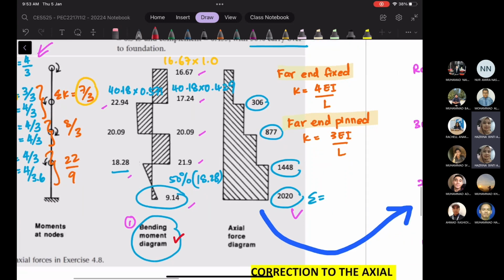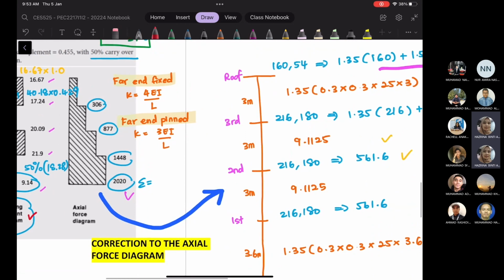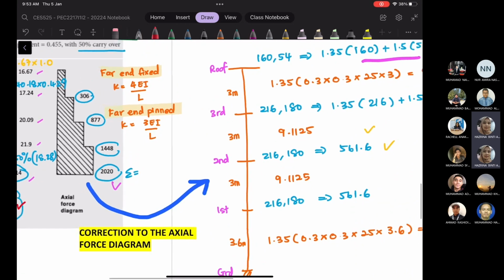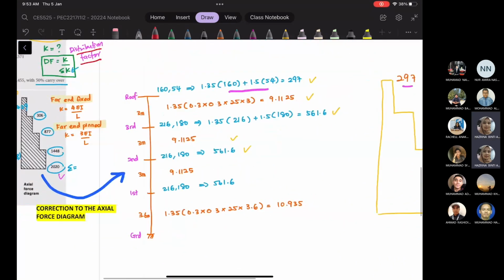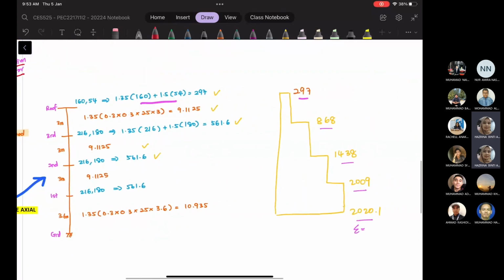This one has a small correction, because I took it from the book, but when it is calculated, the values are a bit wrong. You can see from the side here, we start with 297 on top, at the very top. Then they accumulated until it reaches 2020.1.